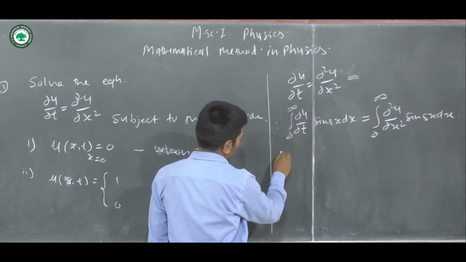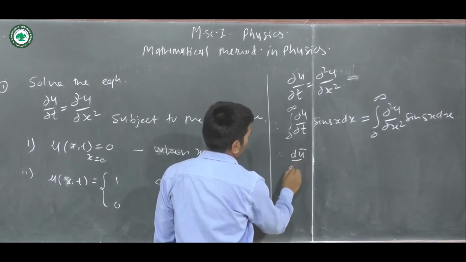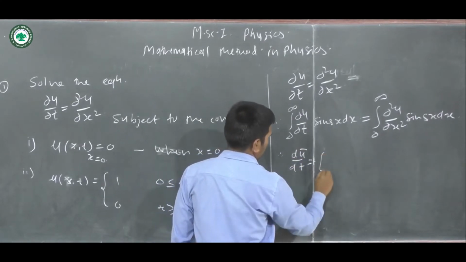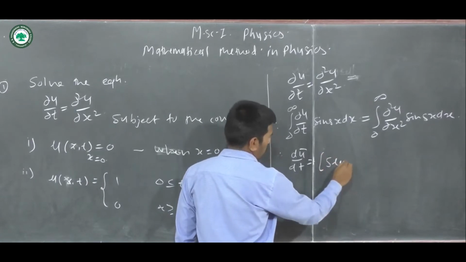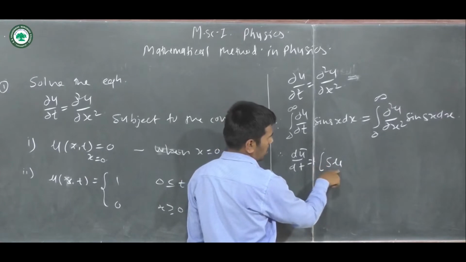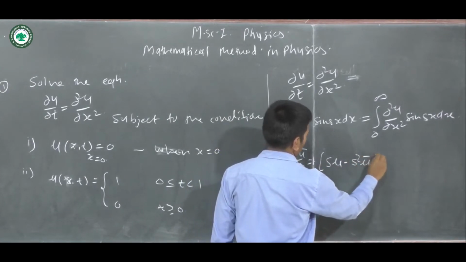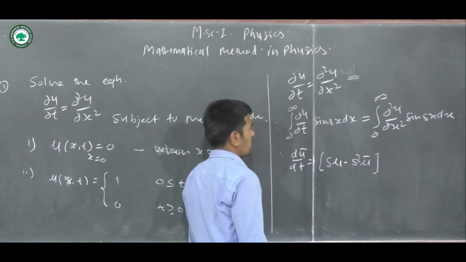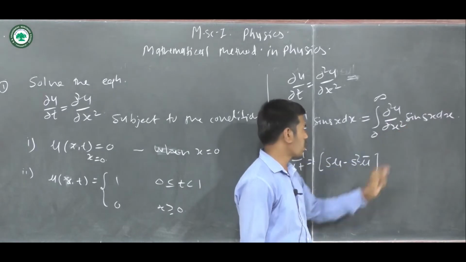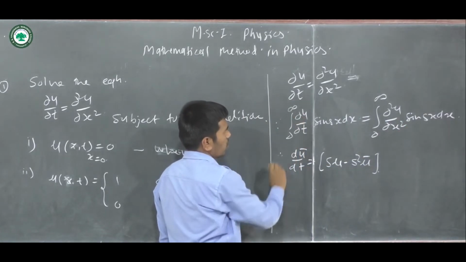So you can write the left hand side as ∂ū/∂t, equal to s·u at x = 0 minus s²ū. This is the formula for ∂²u/∂x² under the sine transformation, where ū is the transformation of u.